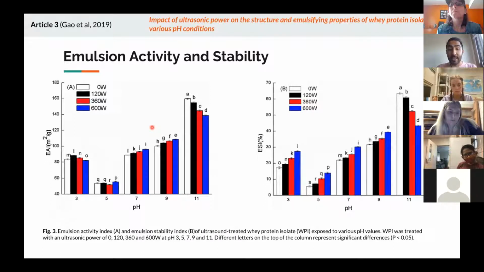At pH 11, under the same ultrasound treatment, the emulsion activity of whey protein isolate decreased, likely due to the decreased number of sulfhydryl groups. And for emulsion stability on the right side, the stability at pH 3, 5, 7, and 9 significantly increased with increasing ultrasonic power from 0 to 600.